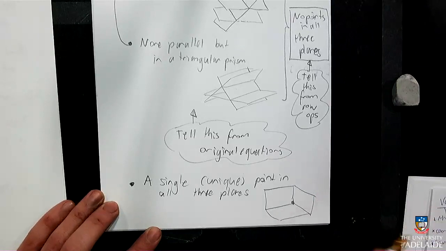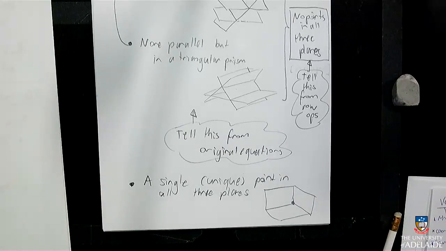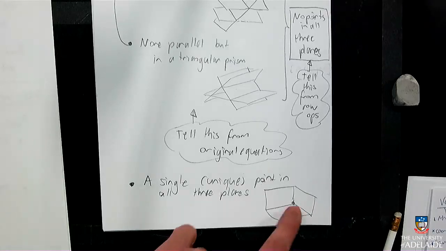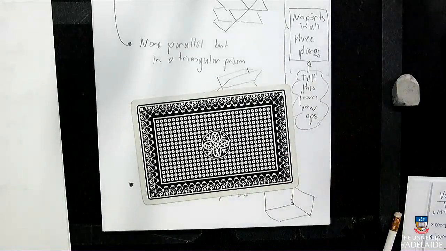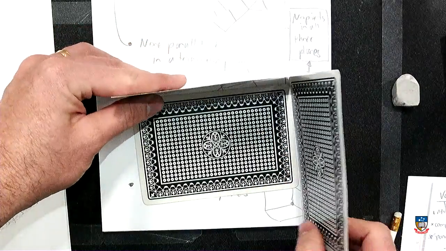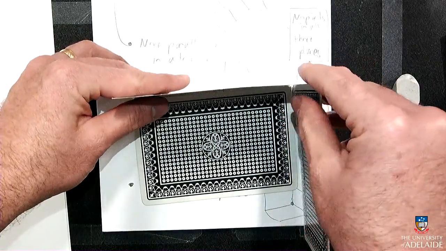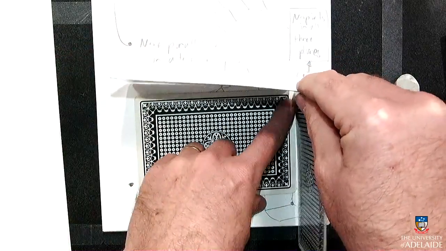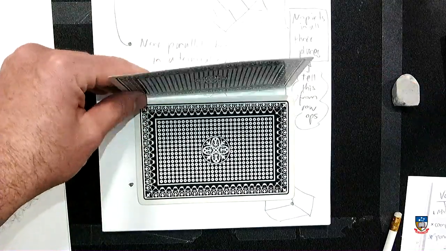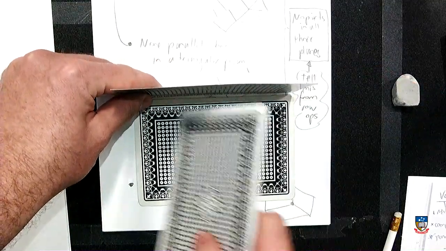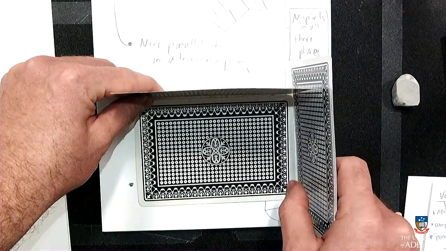You see it when you see the corner, when you're standing in a room and you see the two walls and the floor all meeting, and there is one point that's in all three of those. So look at this, that's the floor, that's a wall, that's a wall. There is only one point that's in all three of those planes, it's this point down here. This line is where those two planes meet, and that line can only meet this plane in one point.